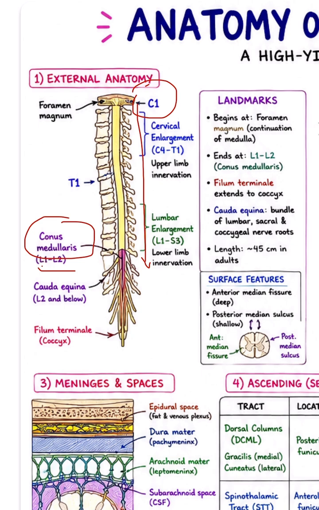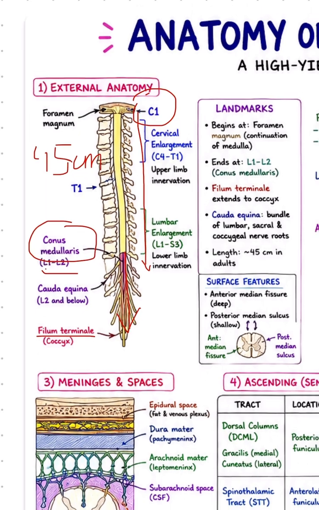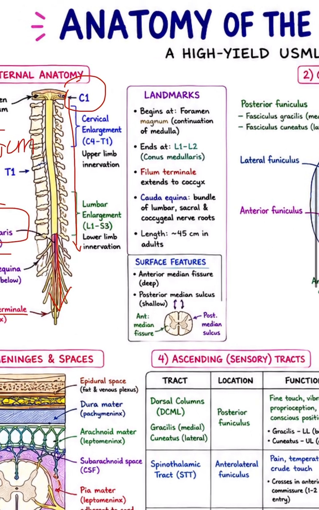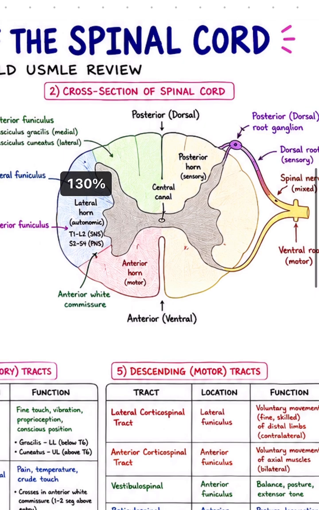It can also extend up to the coccyx, and there it is called Filum Terminale. Usually the length of spinal cord is 45 centimeter in adults.